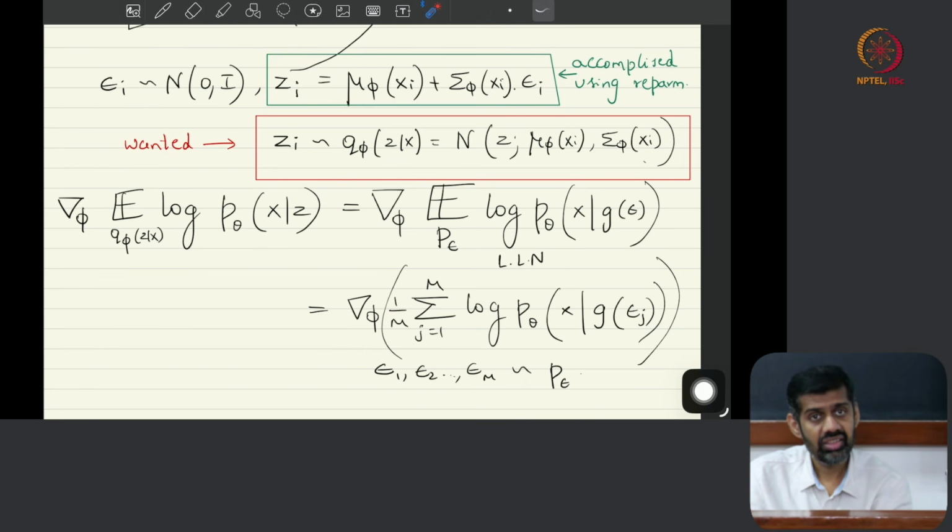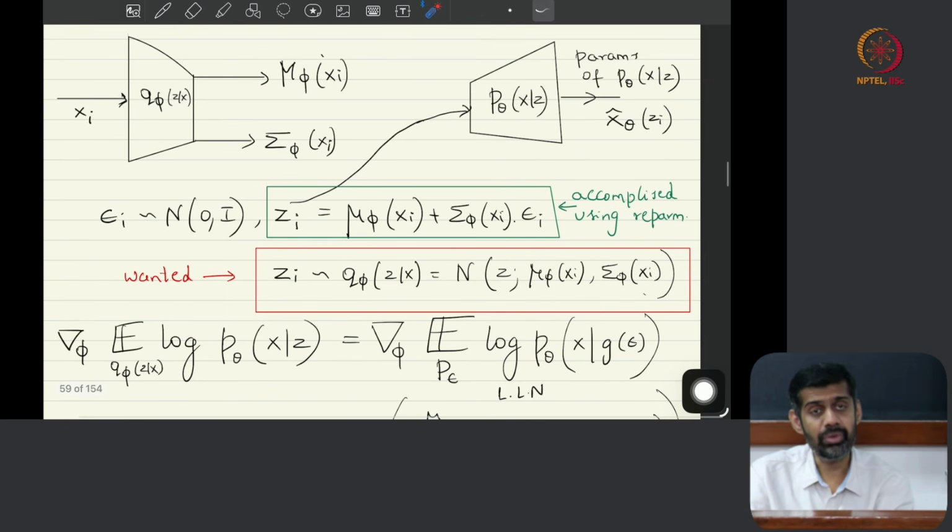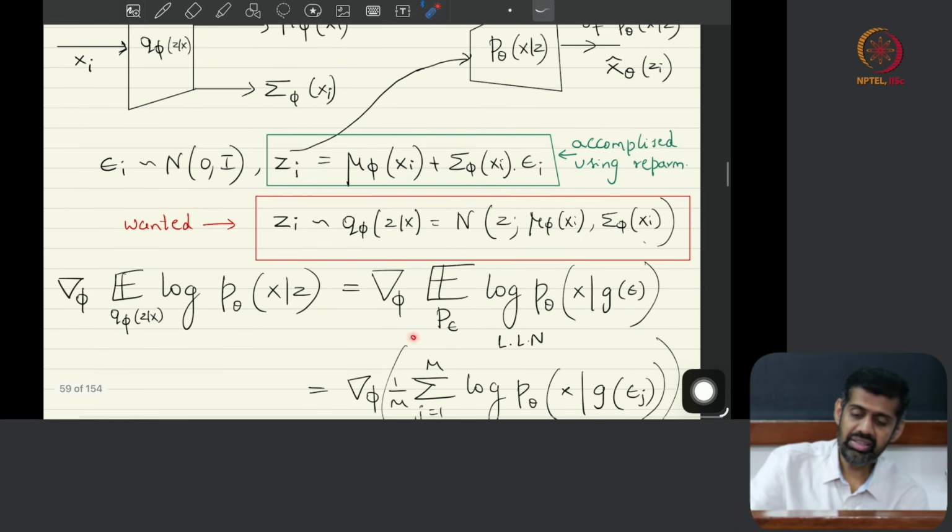Instead of epsilon, why can't I use the previous iteration of the encoder itself to sample different mu's here? No, see, the point is, the expectation here is with respect to that auxiliary random variable which has been used to reparameterize.